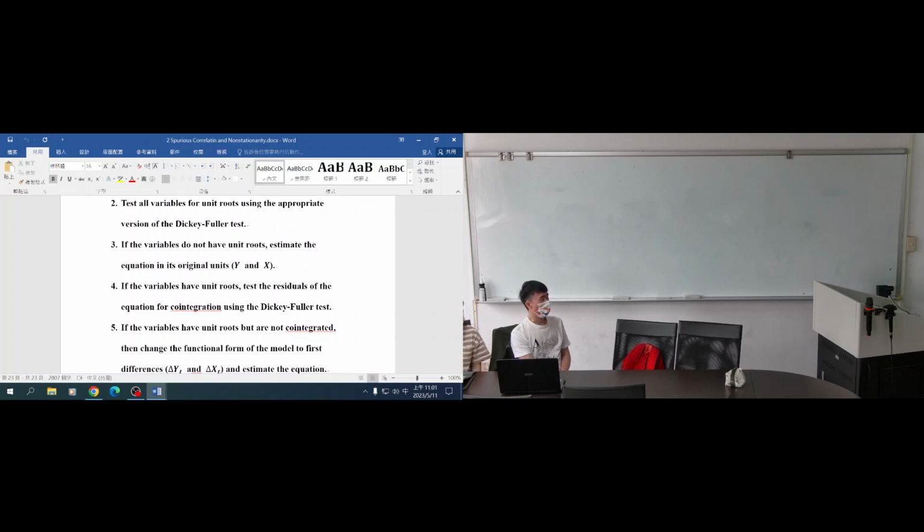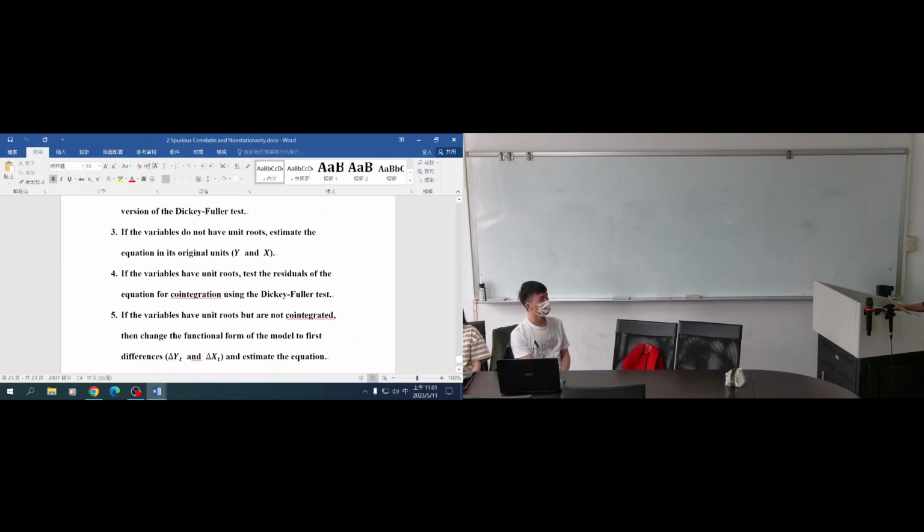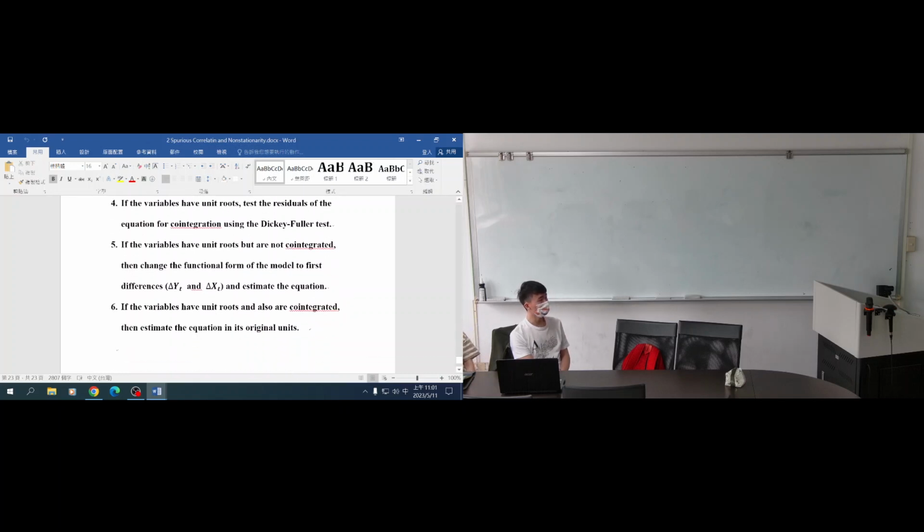Number 5, if the variables have unit roots but are not co-integrated, meaning the residual test didn't pass, then change the functional form of the model to first differences and estimate the equation by first difference.